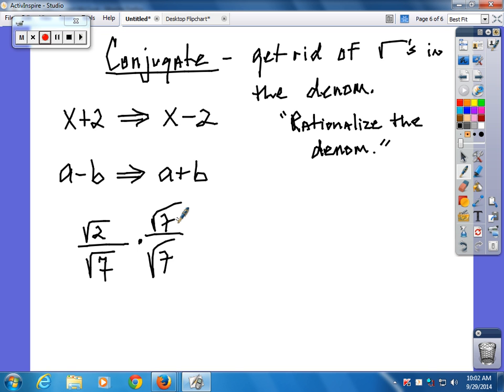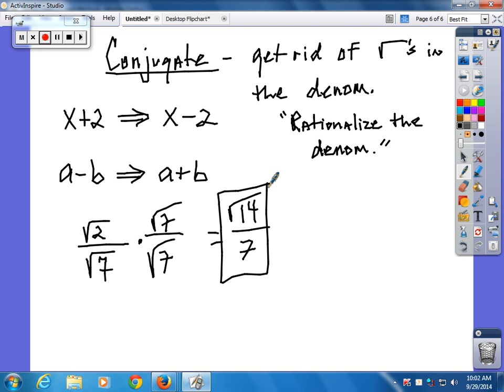If it's a square root star, then you multiply by the square root of star over the square root of star. And what that does is gives you the square root of 49 on the bottom, which is what? 7. And you can care less what's in the numerator. What's the square root of 2 times the square root of 7? Square root of 14. And you can reduce that into smaller radicals if possible, but at 14 you can't.